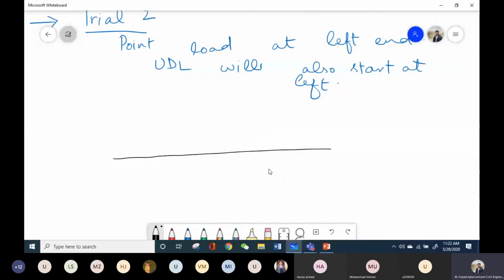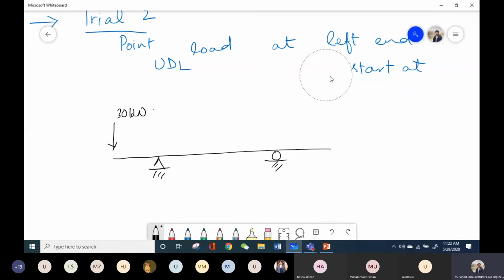This is my beam. I have placed this 30 kilonewton over here. And let's say UDL is somewhere over here. 2 meter, 2 meter.